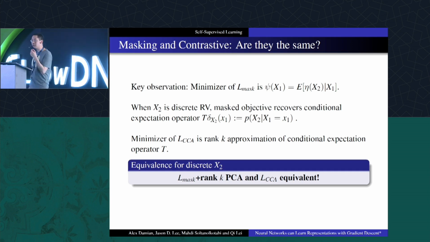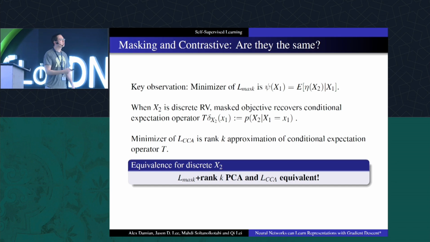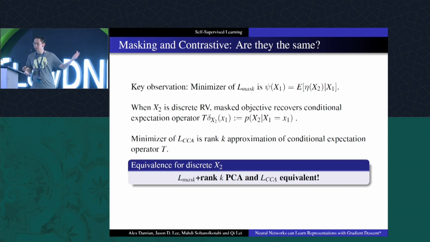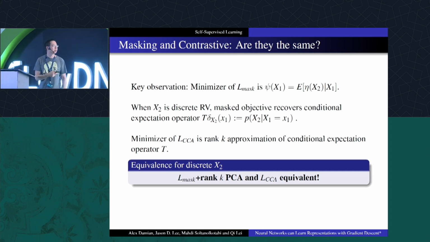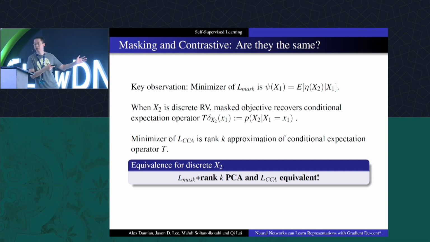If I had discrete random variables, where x2 can only take on a finite number of values, the masking objective's minimizer is going to be just a conditional expectation operator, or function, if you like. Just think about the discrete case: the conditional expectation operator applied to a Dirac delta function, everything's discrete, so it's just the conditional probability.